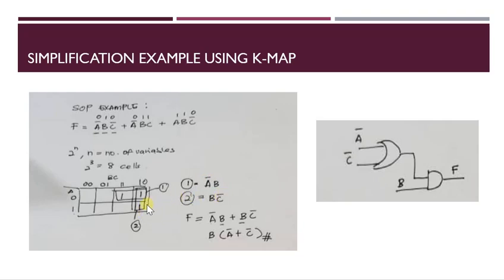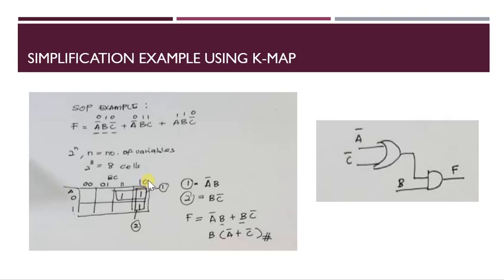For the second grouping, the vertical one, we need to examine the variables. For variable A, it changes from 0 to 1, so we can ignore variable A, right? For variable BC, we can see that this group maintains at column 1, 0. So we take B and C, 1 and 0.